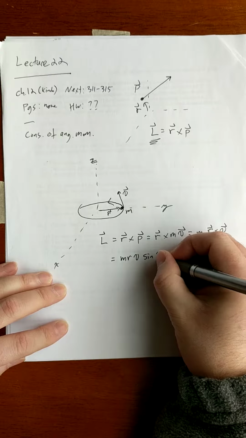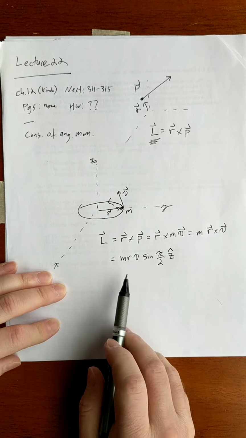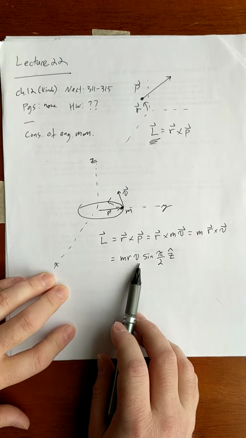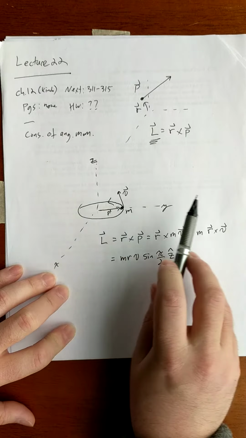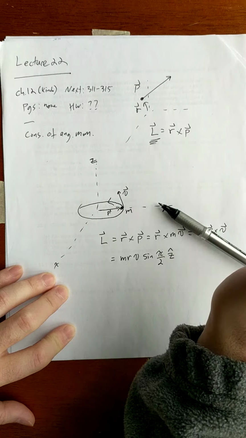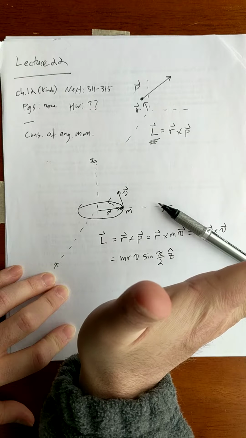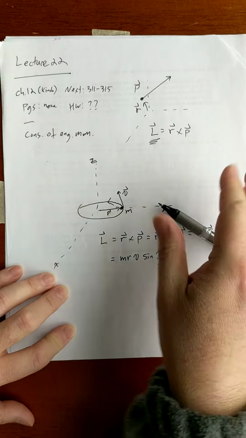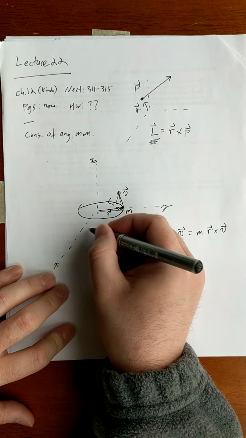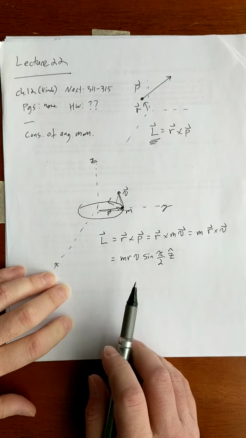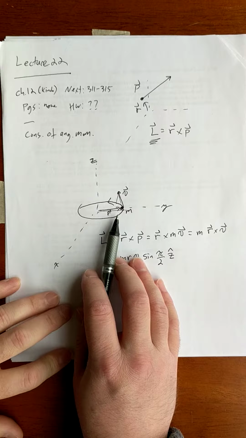And then when we carry out that cross product, we take this r vector and this v vector, r cross v. That r vector and that v vector are always perpendicular, even though they both change as we go around this orbit. They're the same with respect to each other.